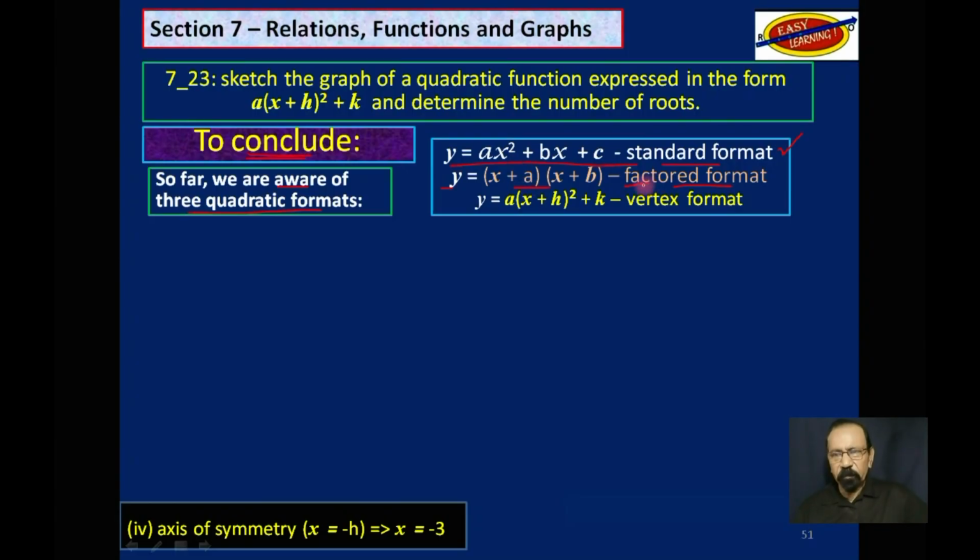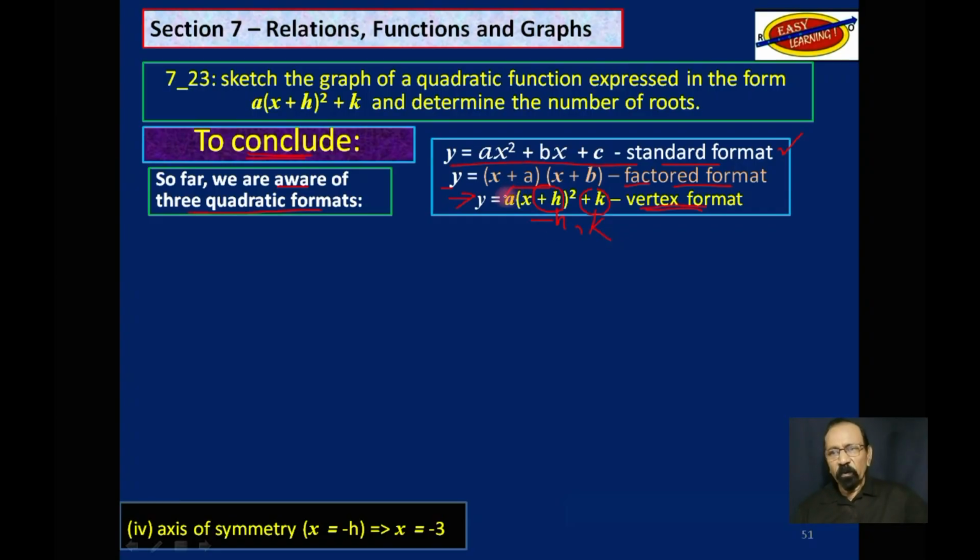You factorize it. And the third one is this one that we have been looking at in the last video and in this video, which is called the vertex format. And maybe it's called a vertex because you could easily find the vertex from that and that. It's -h and k. You could look at it and see the vertex.